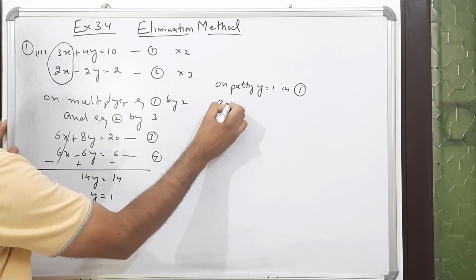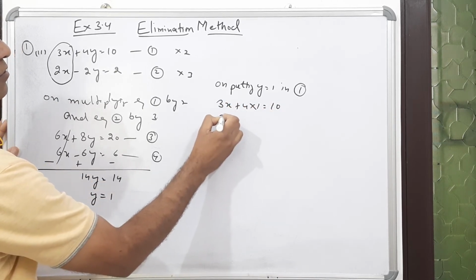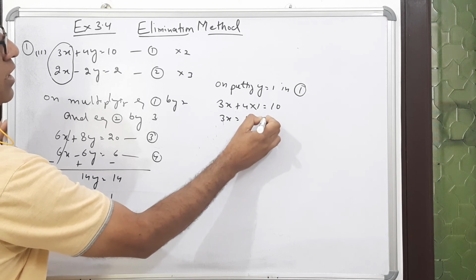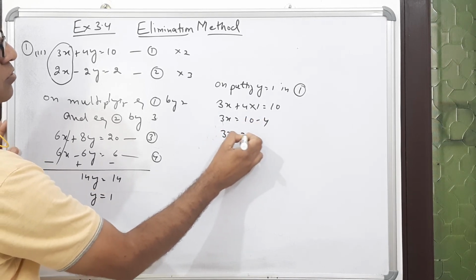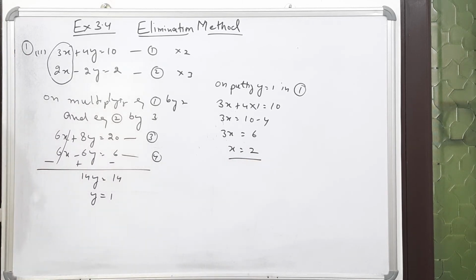So it is 3x plus 4 into 1 equals 10. So 3x equals 10 minus 4. So 3x equals 6. So x equals 2. So in this way we have got the values of x and y by using the elimination method.